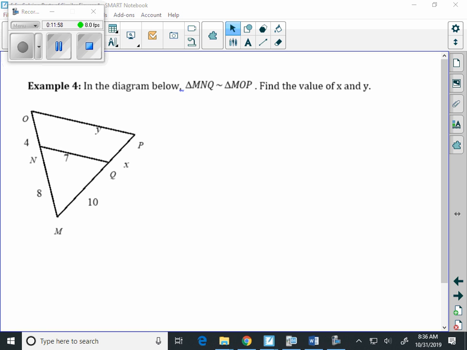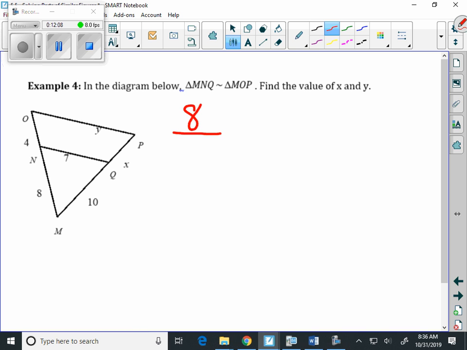So as we take a look at this, MN has a length of 8. MO has a length of 12. It's the 8 for the MN, and it's the 4 for the NO, and 8 plus 4 is 12. So watch out what you're given in the triangle here.